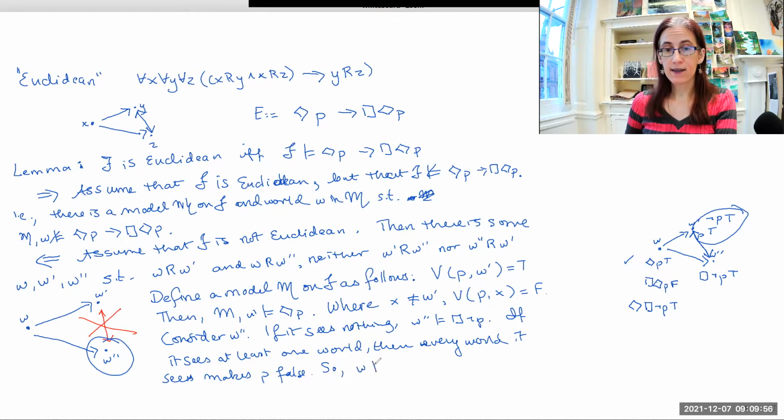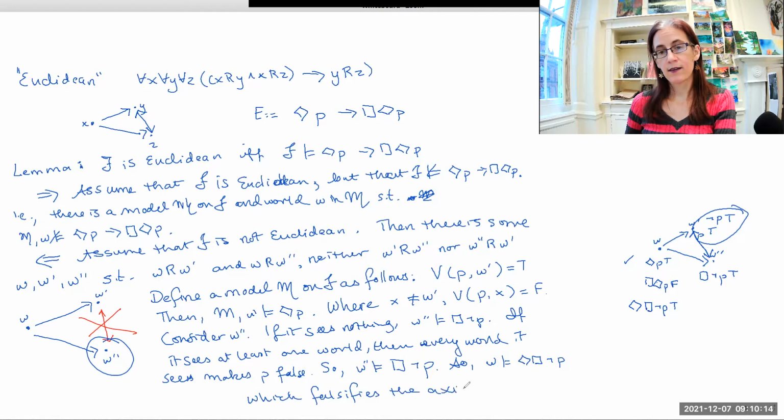So in that case, it is still the case that necessarily not P is going to be true at W2. But then it follows that we have possibly necessarily not P at W, which falsifies the axiom. QED. So again, if the frame is not Euclidean, then you can define a model that makes the axiom false. So there is your third correspondence proof.